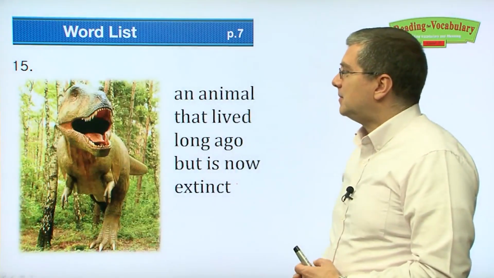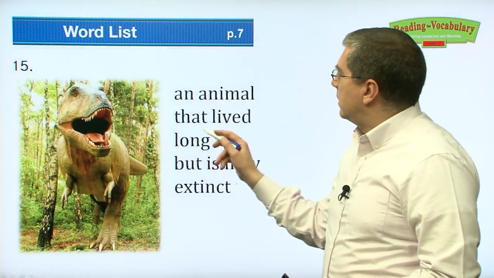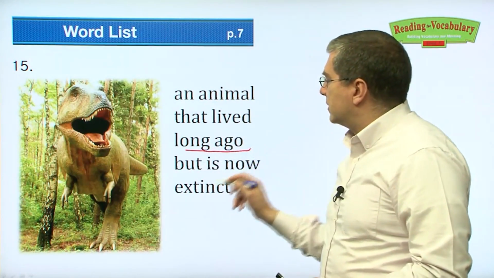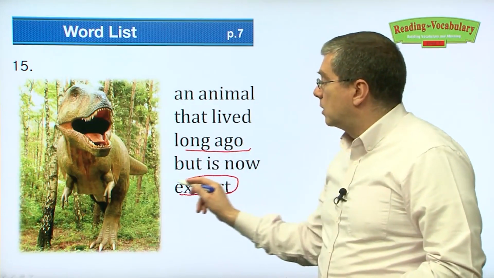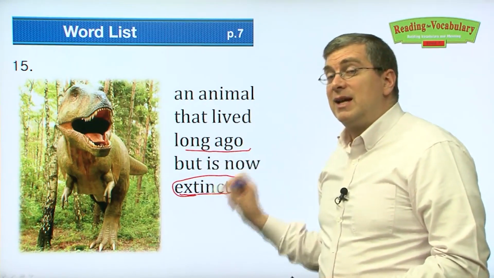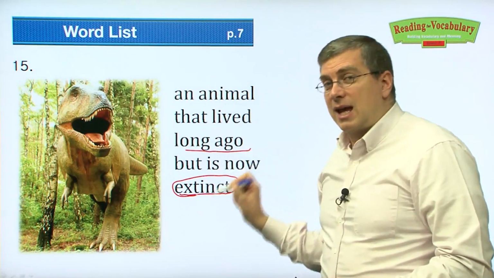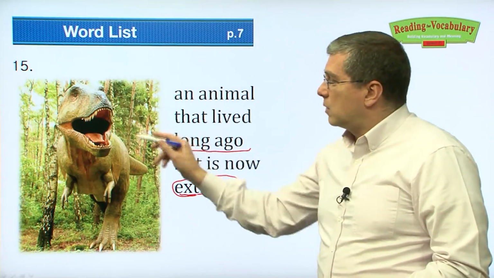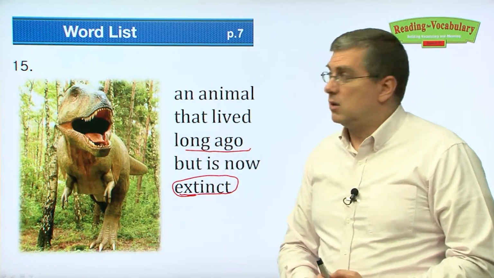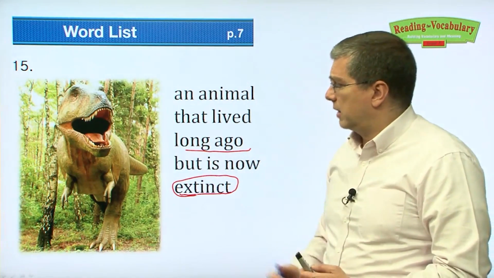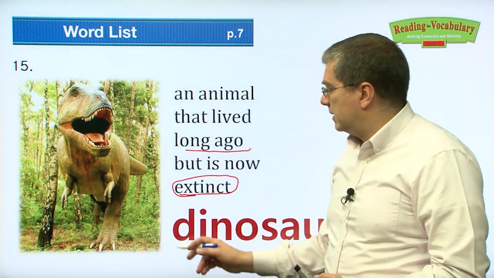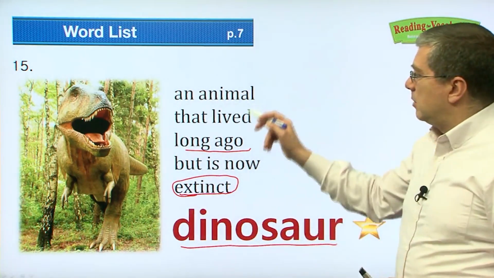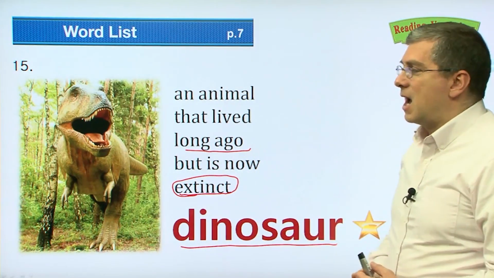Okay. Next word. An animal that lived long ago but is now extinct. That's one of the words we learned before. Extinct. It doesn't exist anymore. It's gone. It did not survive. And of course we saw this animal before, right? That's a scary animal, right? Of course, it is a dinosaur. It's an animal that lived long ago but is now extinct.